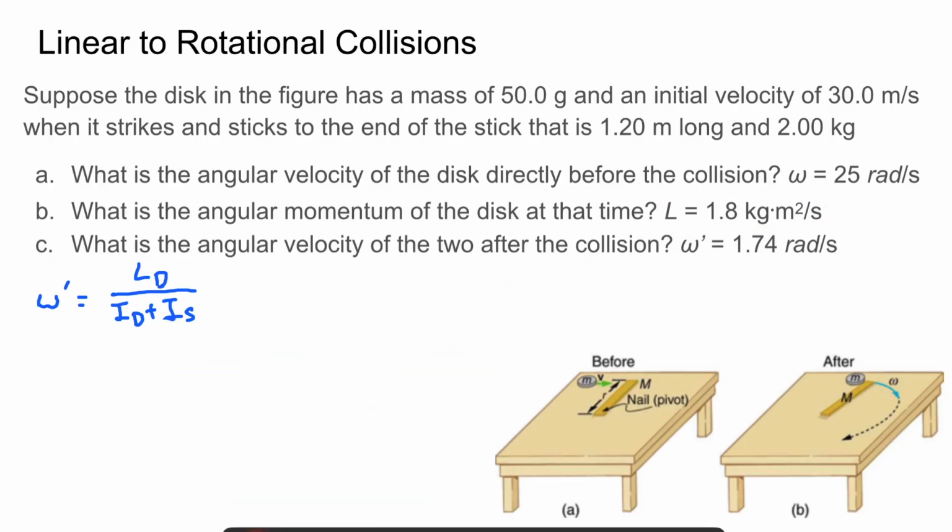I'm just going to move this equation up here so we get a little bit of room to work. And again, we already know our angular momentum for the disk prior to the collision.